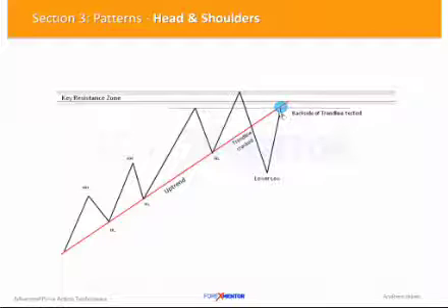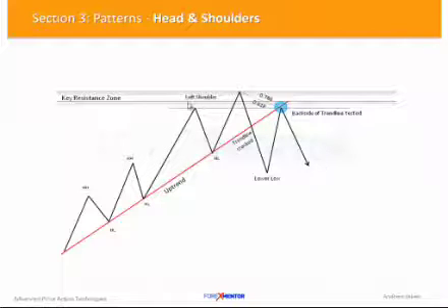So that's the most important level to be watching with the formation of this pattern. You'll also notice very often we have a fib retracement lining up with that level, anywhere from a 618 to a 786, and sometimes the 886, which is a very deep retracement. And price moves to the downside from there.